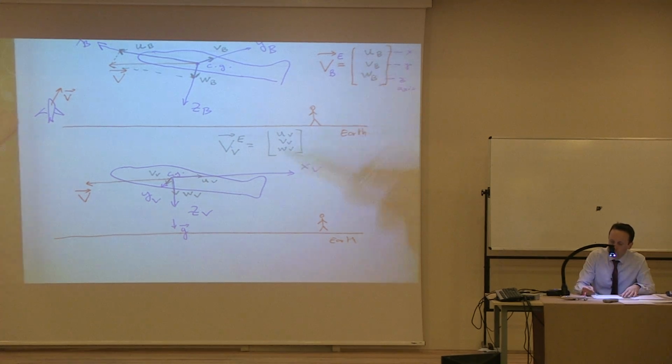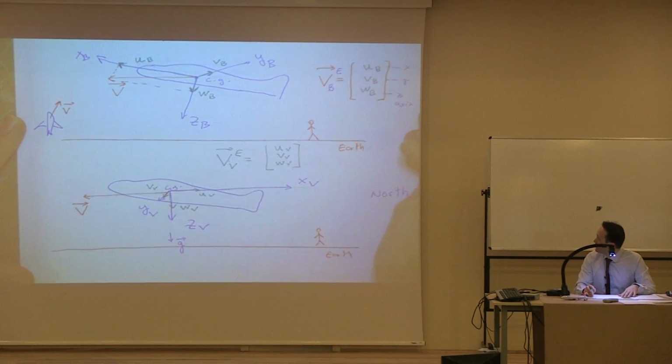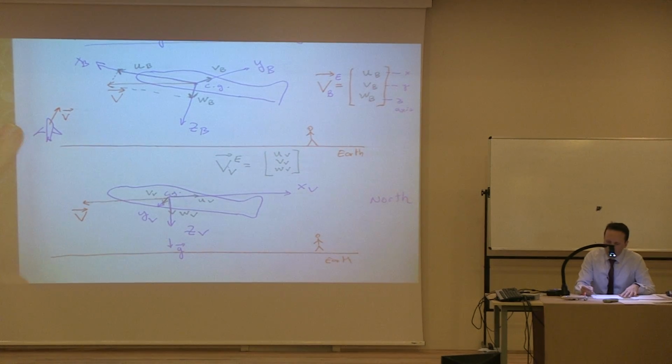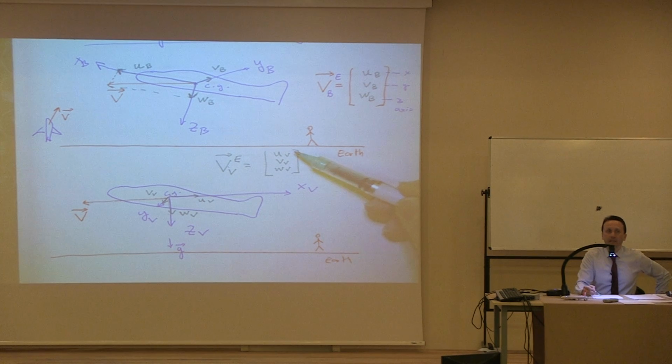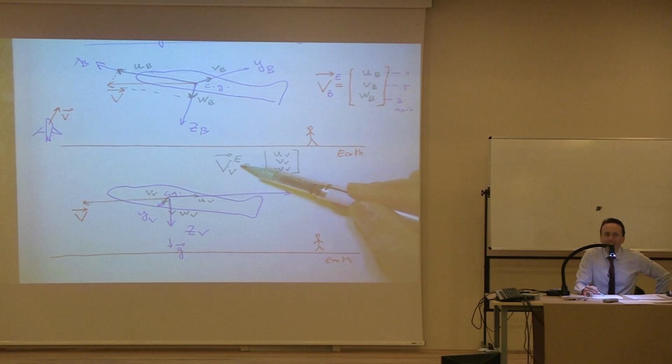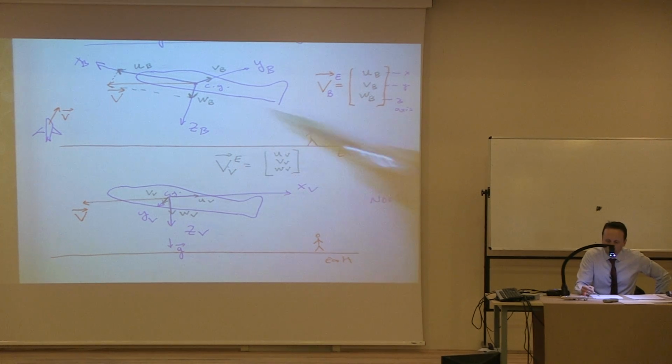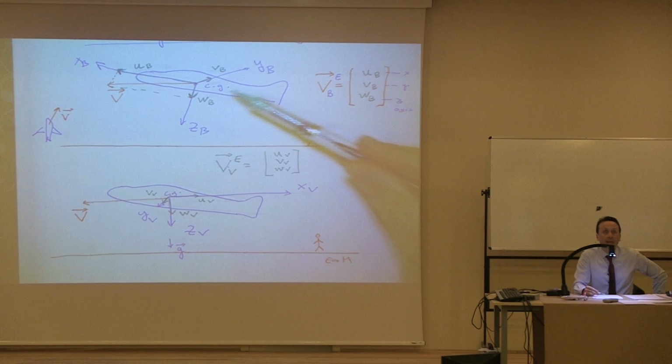Now, compare these two. These numbers will be different. This will be, I don't know, 1, 2, 3. This will be 5, 6, 8. I don't know. Different numbers. But it is the same vector. It is the velocity vector that is observed from this person when he looks at the airplane.